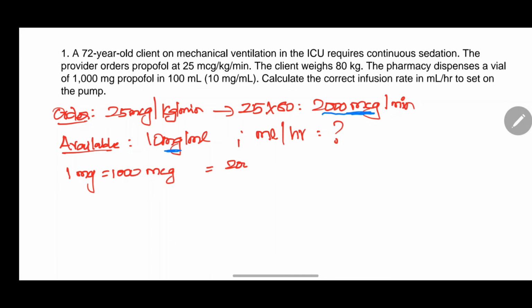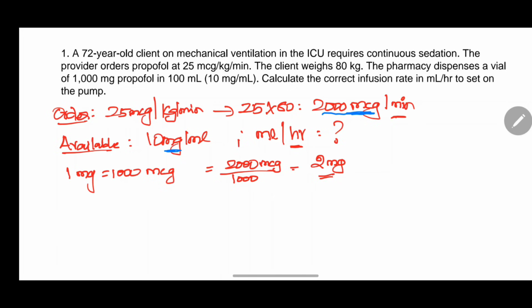So 2000 microgram divided by 1000 is 2 milligram. And it is in minutes, 2 milligram per minute. In the answer we need it in hour, so I will explain that later. That we have to note.